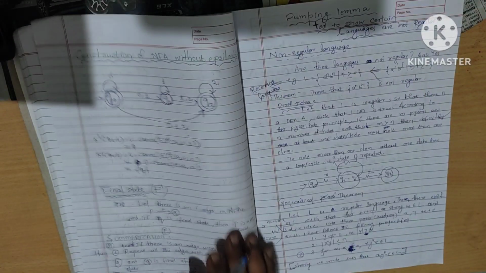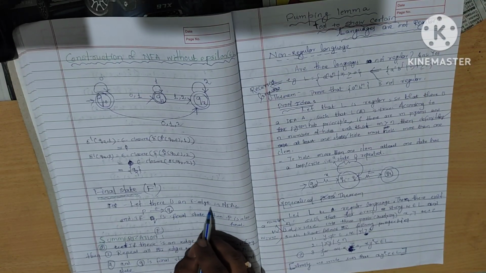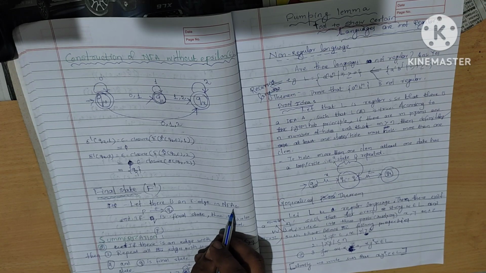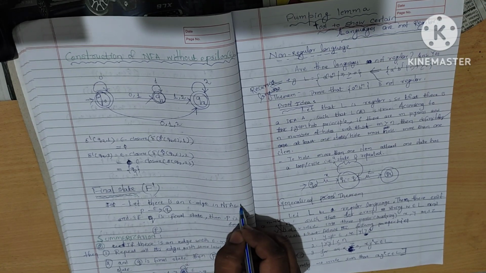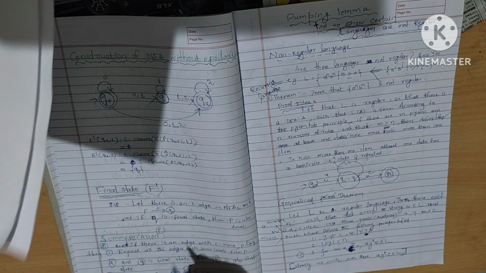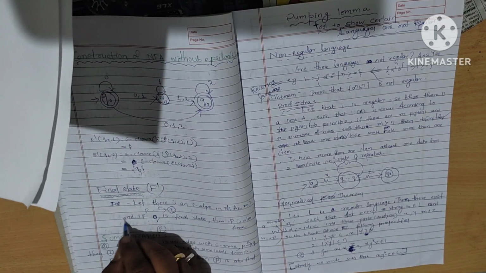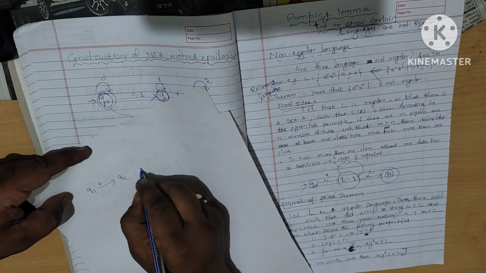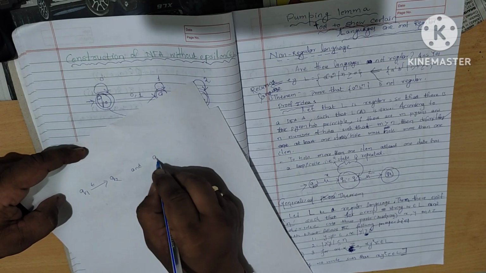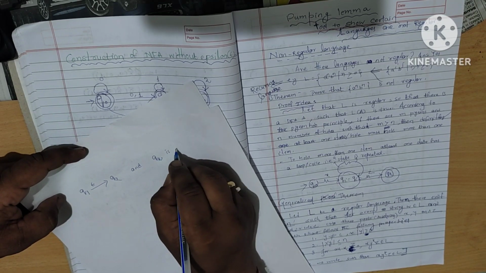And what is it saying? Let there be an edge epsilon in the NFA with epsilon machine, and q2 is the final state.